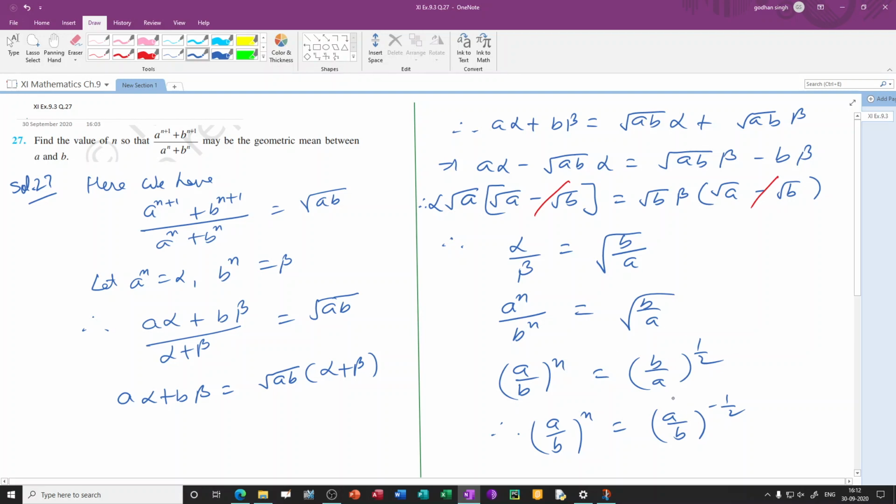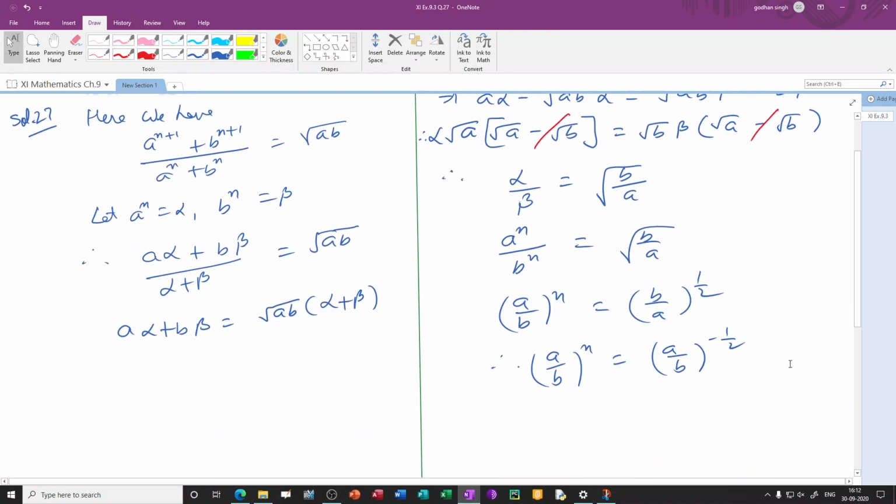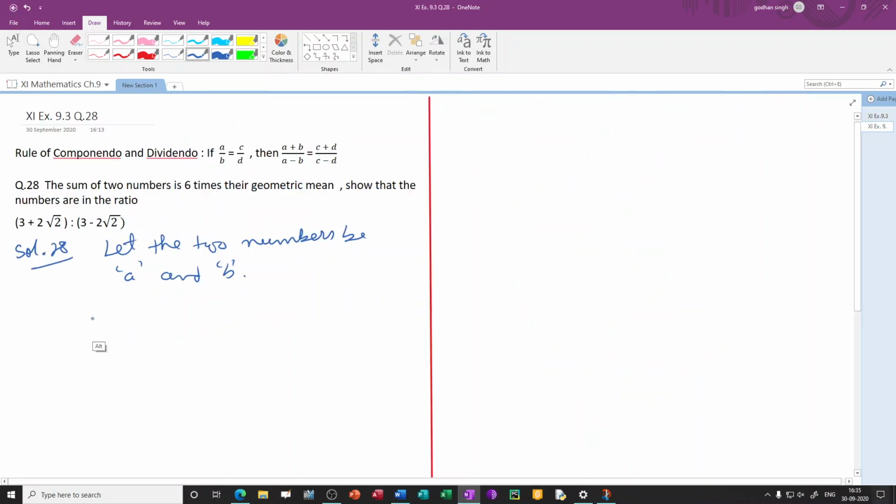Now we can compare, because in both the left hand side and the right hand side we have the same base, so we can compare the exponents. Therefore we can say that n equals minus half.